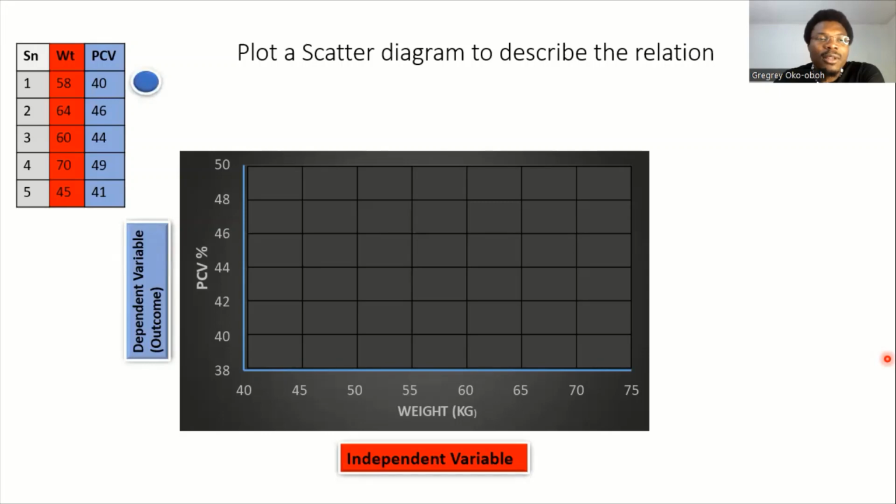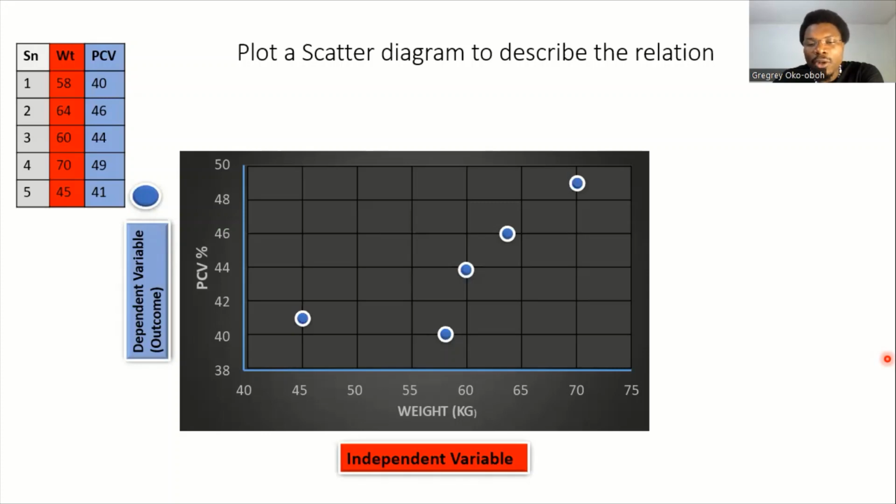So the first individual with a weight of 58 kg and a PCV of 40% will appear as a dot on the graph. The second individual here, third here, fourth, and then fifth.